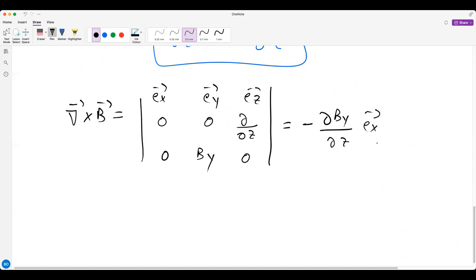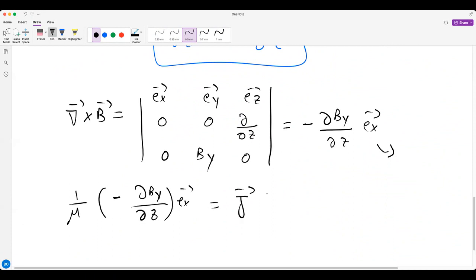So I replace this in formula 1. This gives me 1 over mu times minus the derivative of By with respect to z, which is equal to J plus epsilon times the derivative of Ex with respect to t.